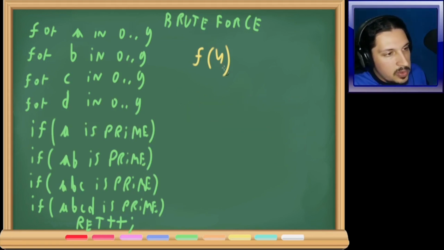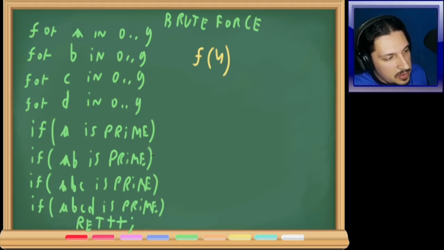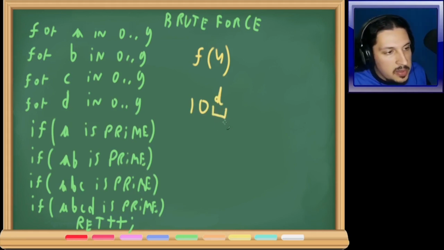So when you have to compute f of 4, we see that we have 4 for loops iterating over 10 values each, and then all the checks. So the complexity of this solution would be 10 to the power of d for the code solving a d-digit problem, that is, calculating f of d.